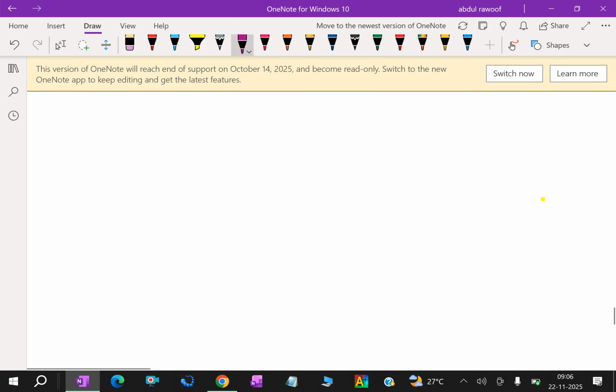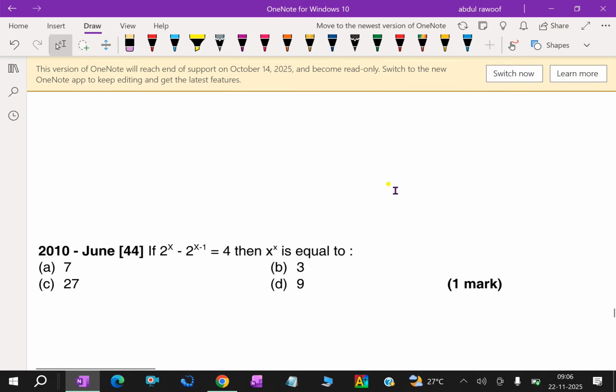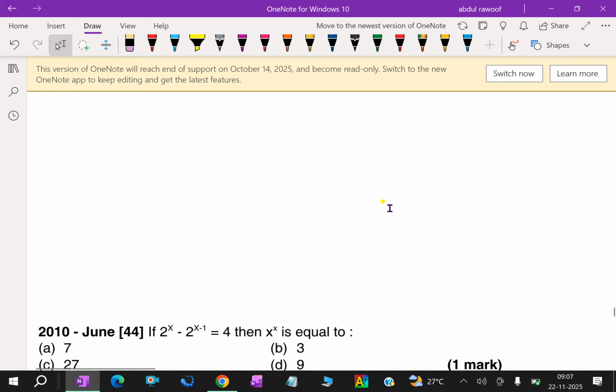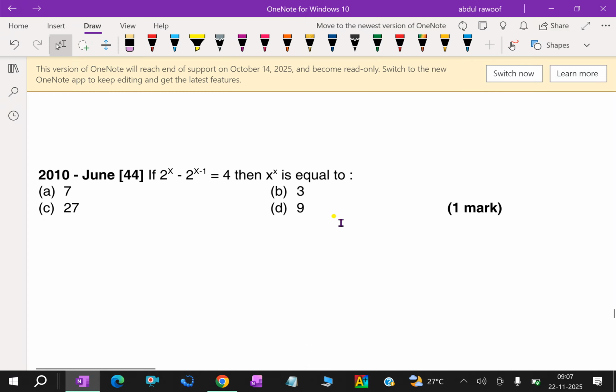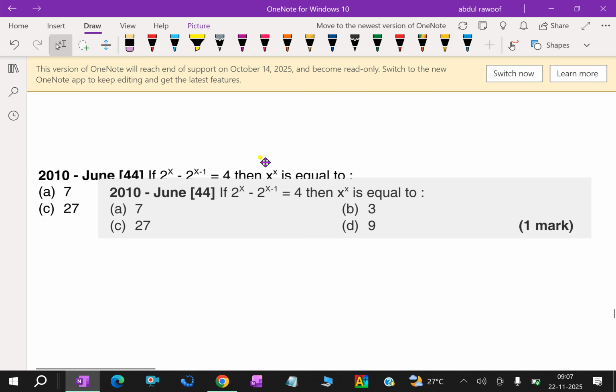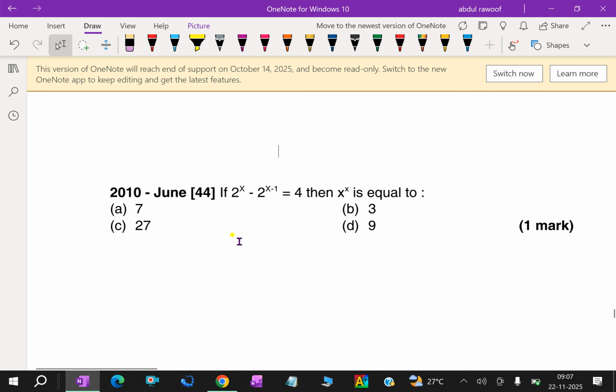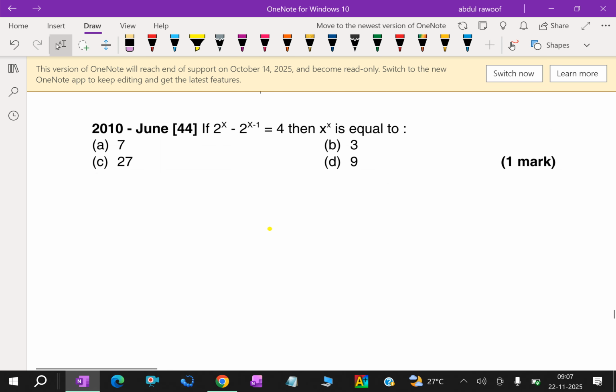Next question. Look at this. If 2 power x minus 2 power x minus 1 equals 4, then x power x. Look at here.